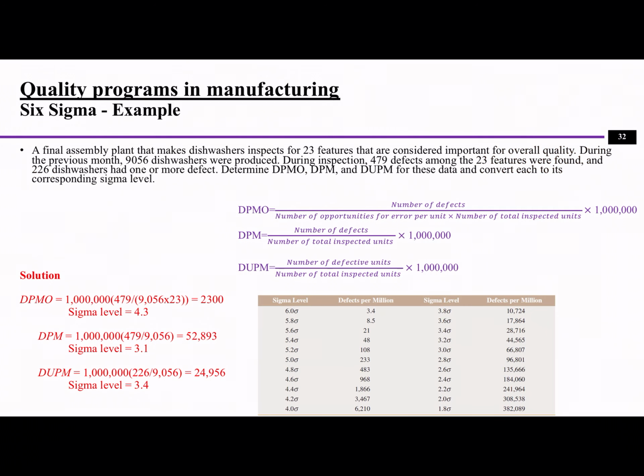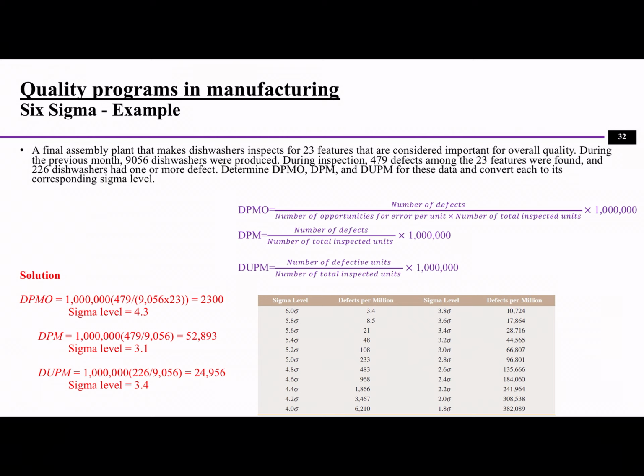Now let's look at one example here. It says a final assembly plant that makes dishwashers inspects for 23 features that are considered important for overall quality. During the previous month, 956 dishwashers were produced. During inspection, 479 defects among the 23 features were found. Okay, 479 defects.